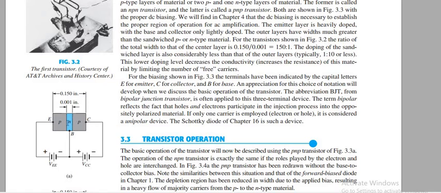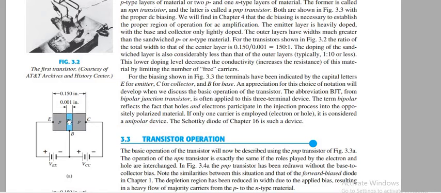Then we have the base part, that is the N part, and this figure indicates that it is very thin. Normally it is in the micrometers. This part is very thin, so we can say that it is very lightly doped.